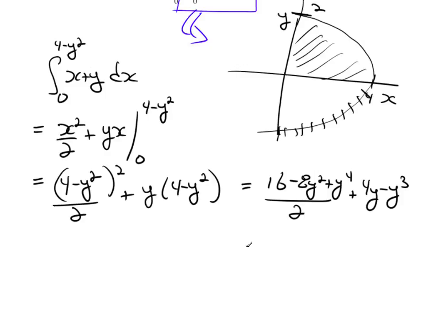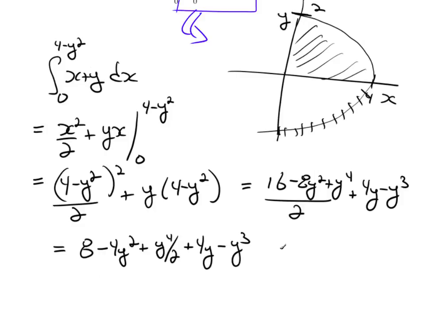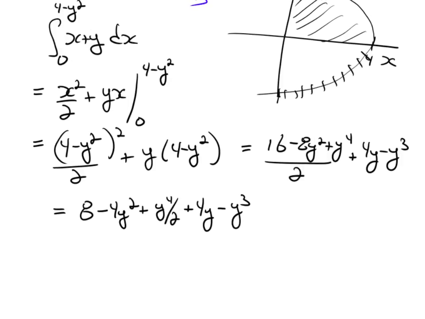Yeah, I can do a little bit more with this. I can write this as 8 minus 4y squared plus y to the 4th over 2 plus 4y minus y cubed.